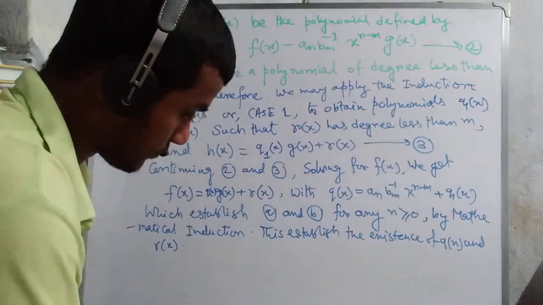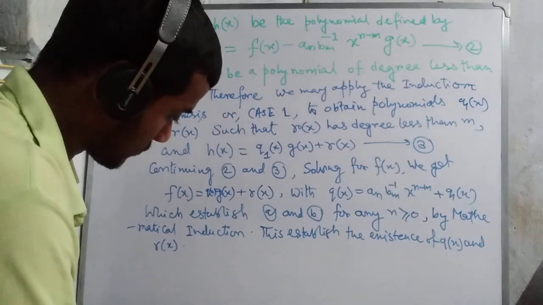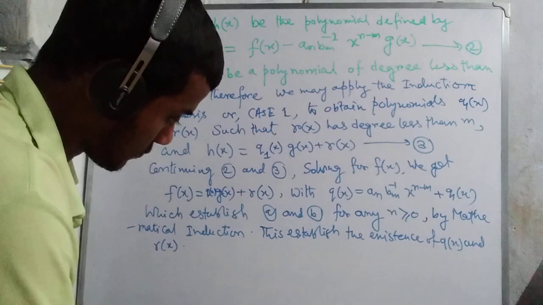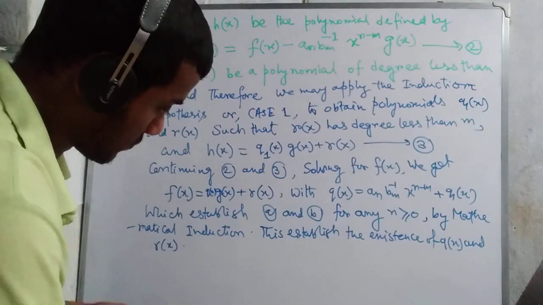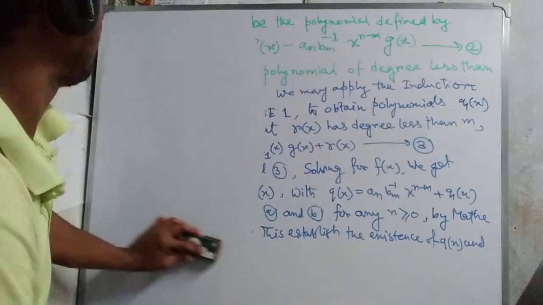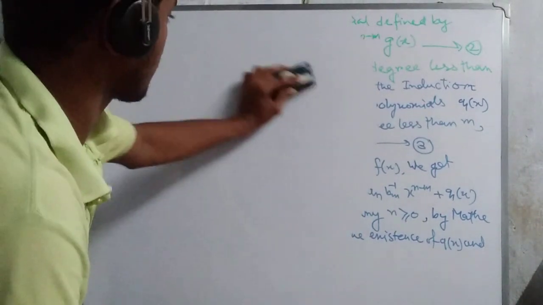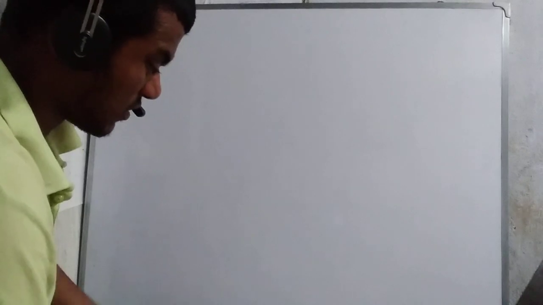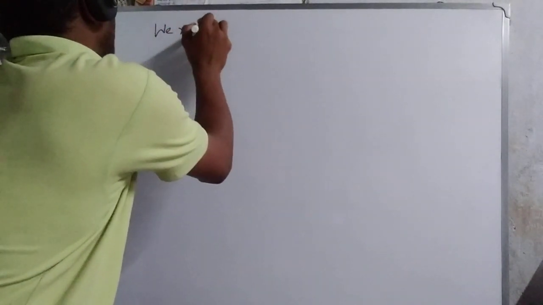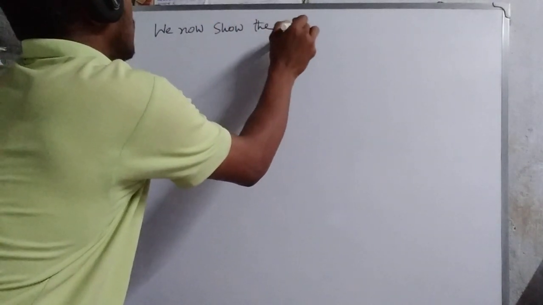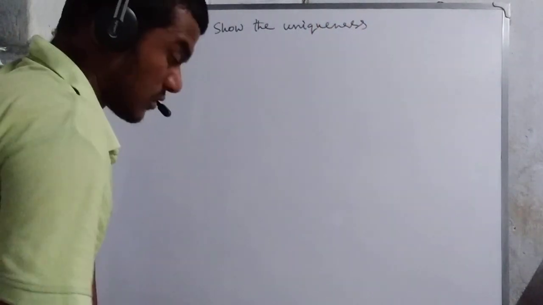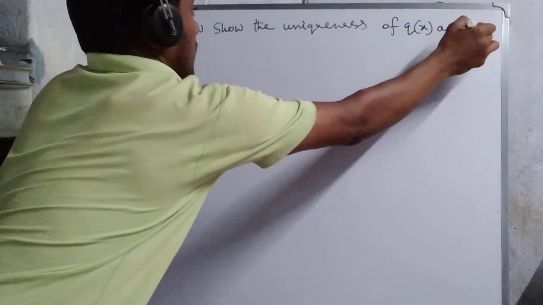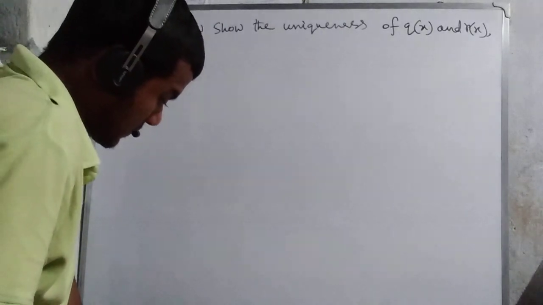So, the uniqueness of q(x) and r(x). Then what happened?